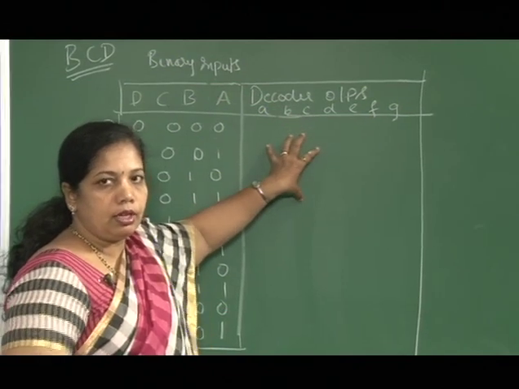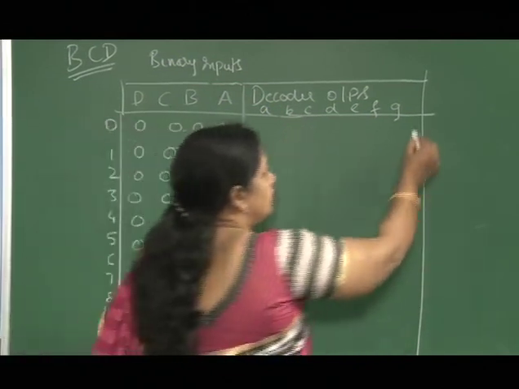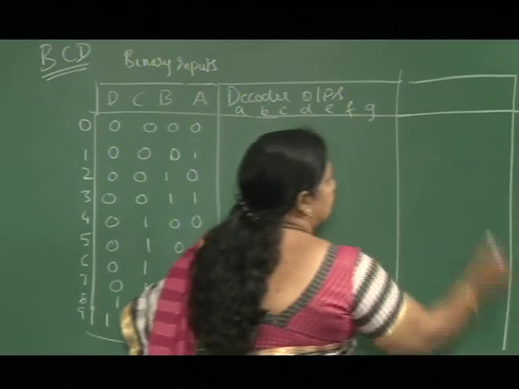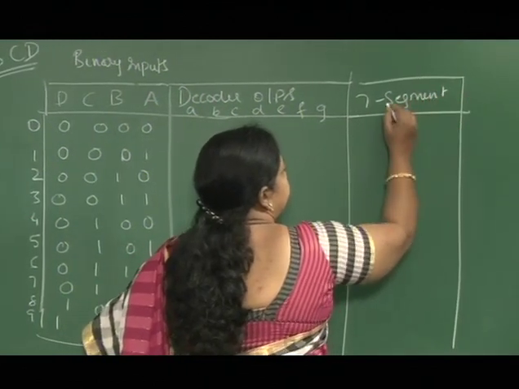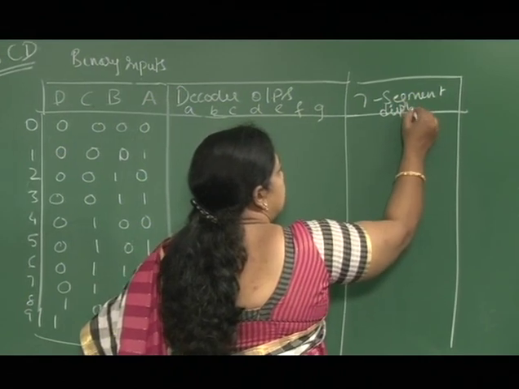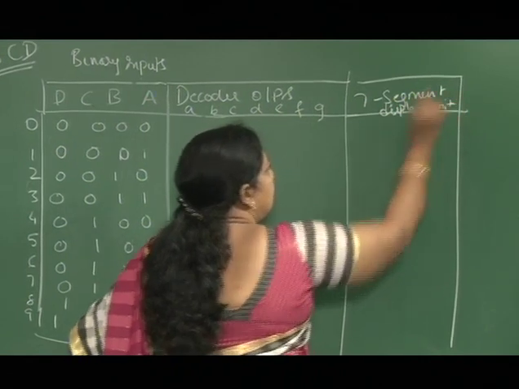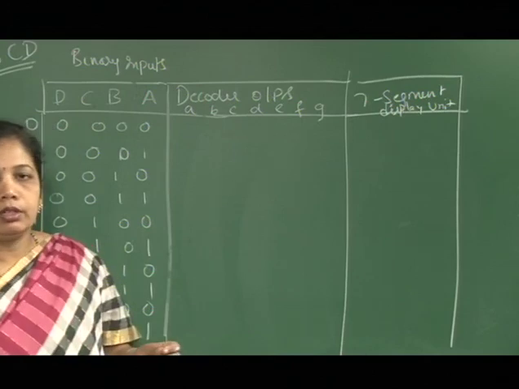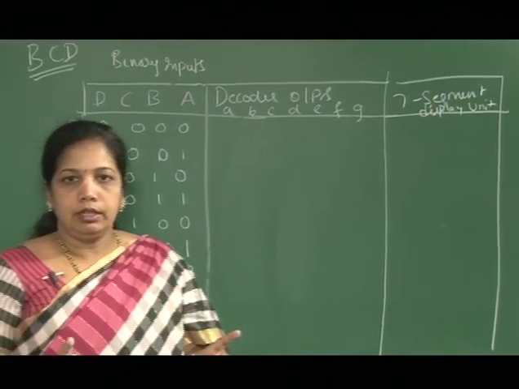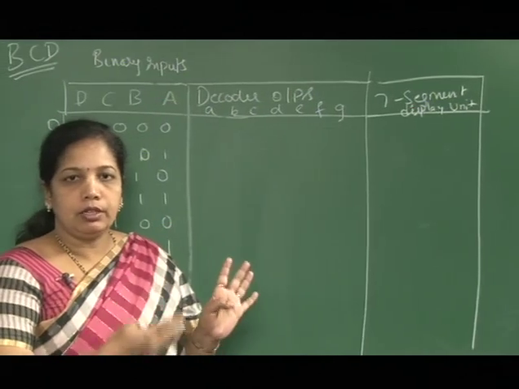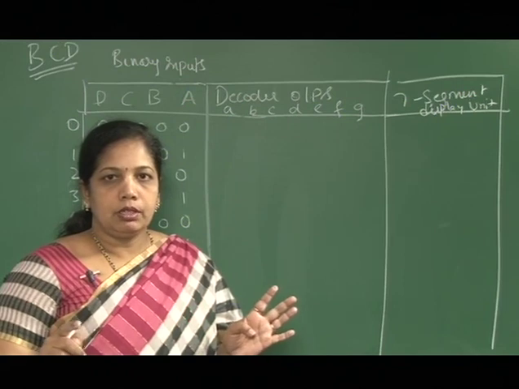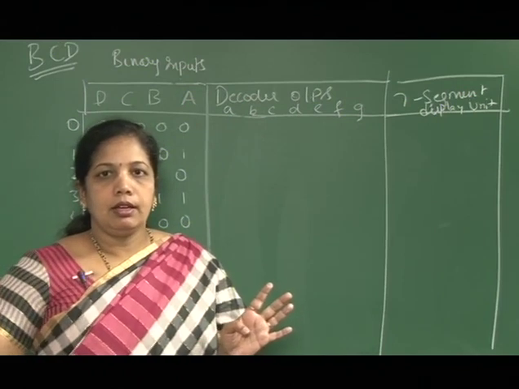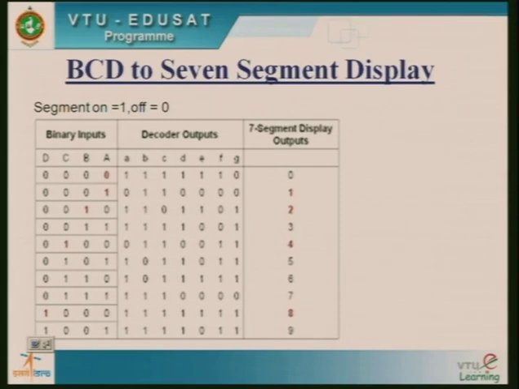The output of the decoder is once again connected to the 7-segment display unit. This is a unit which is connected to the output of the decoder. So we have a decoder here. The input to the decoder is 4 bits, so the output of the decoder is 7 bits. All these 7 bits are connected to the 7-segment display.